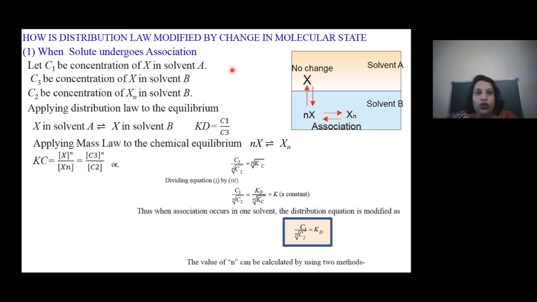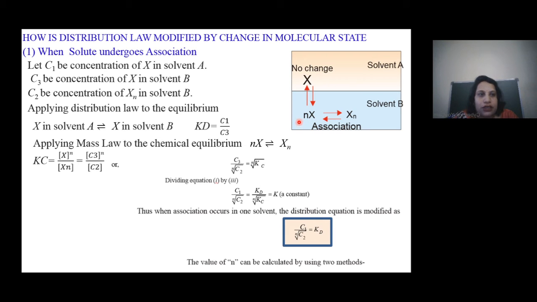Suppose the solute is present as X in solvent A. There is no change in the state of X in solvent A. But in solvent B, N molecules of X are associating to form XN, just like polymerization. Association or polymerization like this.